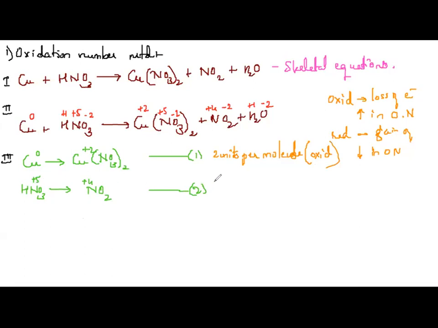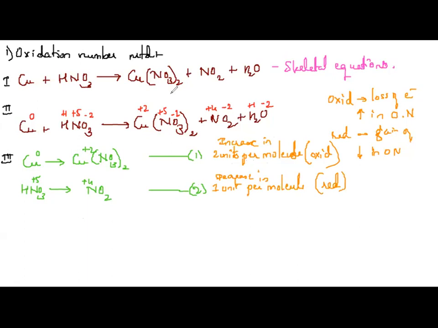It is 1 unit per molecule. From 5 it is becoming 4. So 1 unit per molecule there is a decrease. Therefore it is reduction. So here I can say increase of 2 units and here decrease of 1 unit per molecule. So this is the third step.